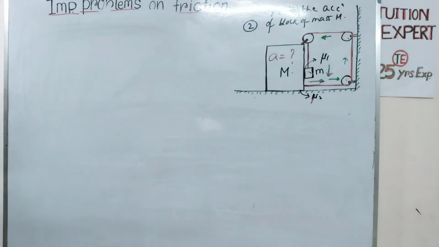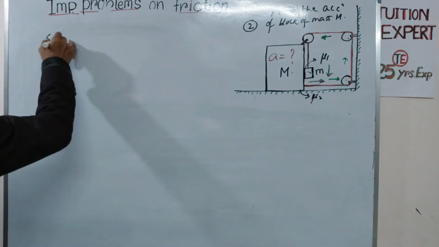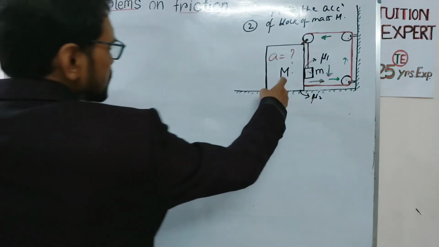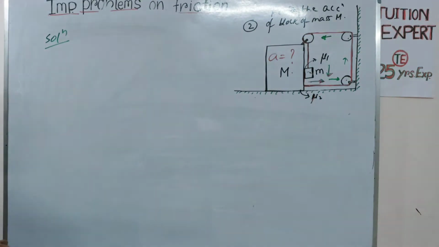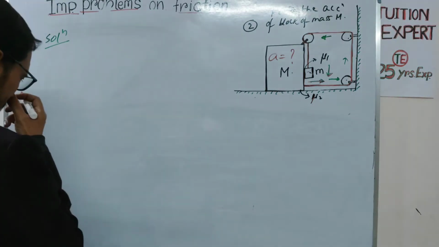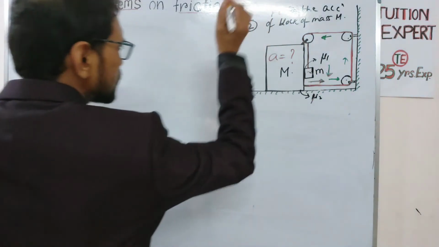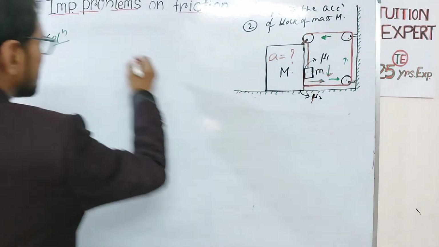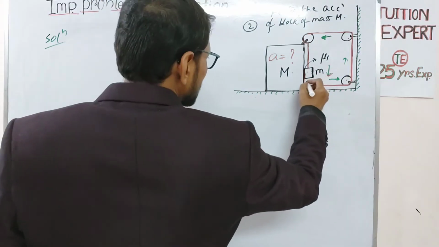Now what is the acceleration? To solve this problem, we have to draw the free body diagram of each block. First find the relation between accelerations A1 and A2. What is the relation between the acceleration of this block and this block? Think that the block moves through a distance x.